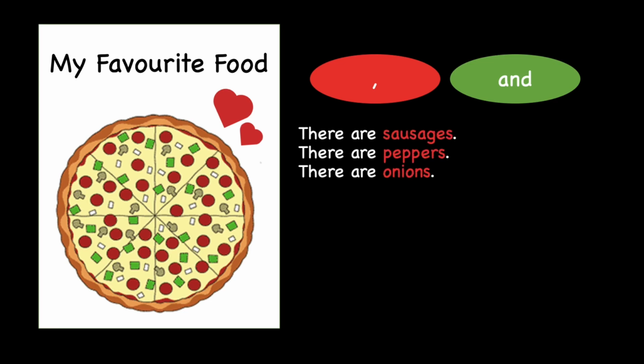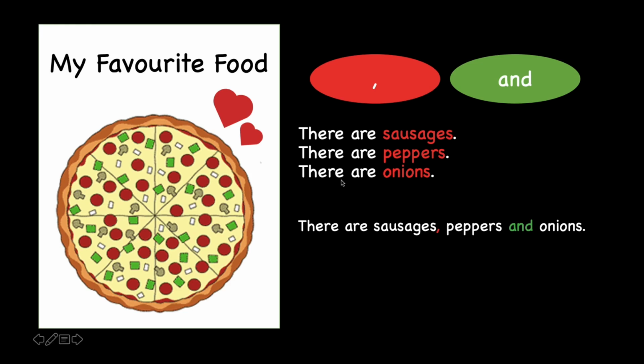If I want to talk about 3 things or 4 things now, I can use a comma and the word and. For example, I want to talk about sausages, peppers, and also onions. I'm lazy and I don't want to write so many things. I can just use a comma and the word and. I can write like this. There are sausages, peppers, and onions.